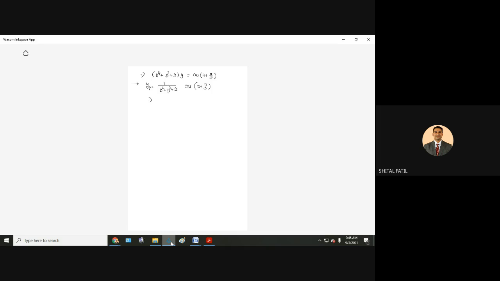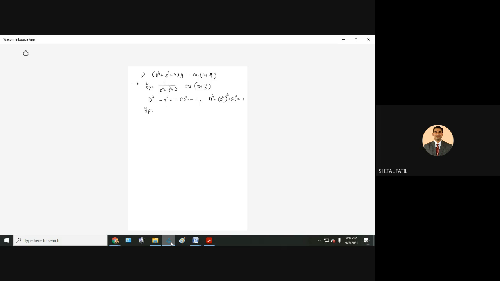What is to be done with the d square? D square equal to minus a square, minus of 1 square, minus 1. What about d raised to 4? It is d square whole square, but d square is minus 1, so it gives plus 1.